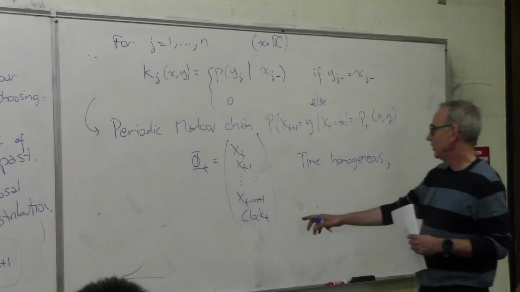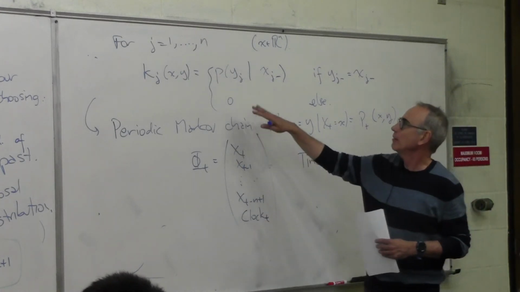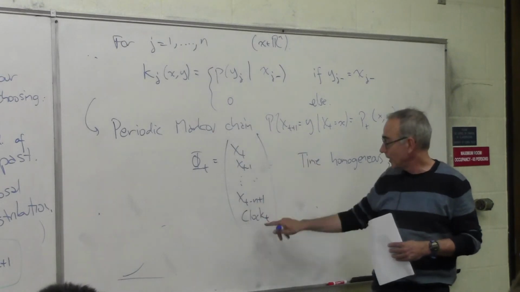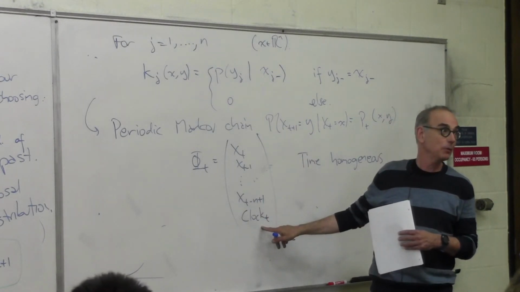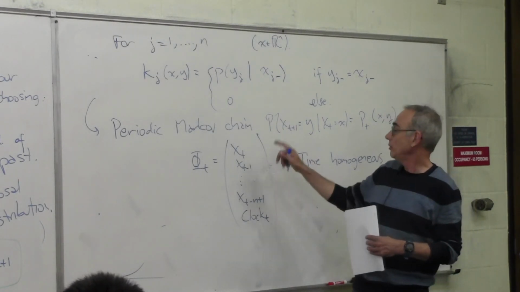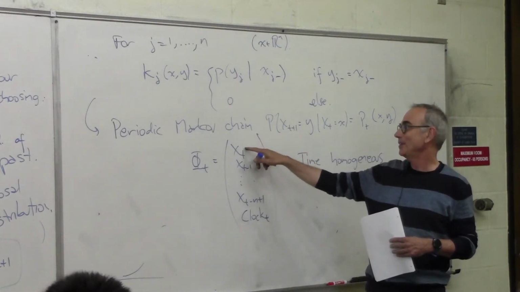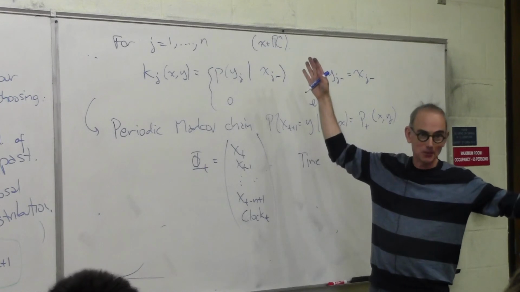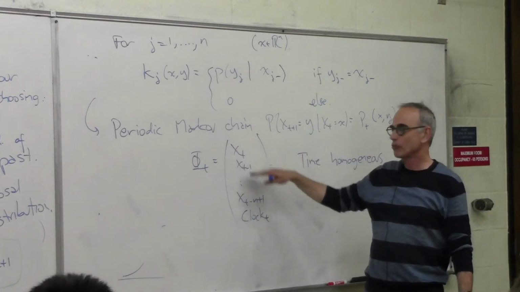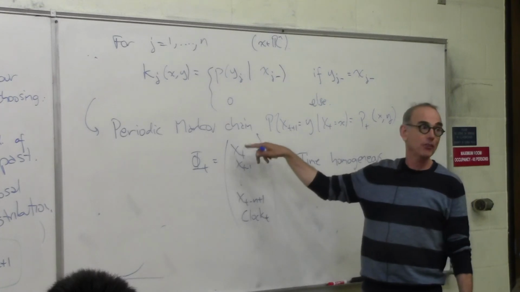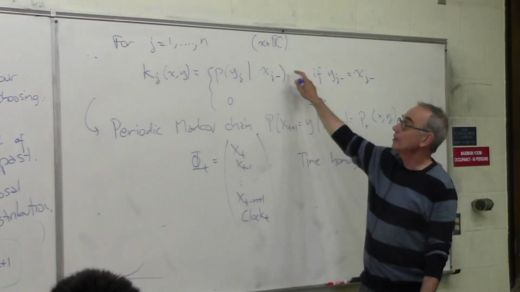Because basically what you do, instead of looking at the x process, you're looking at this whole phi t process. You look down at the clock, you find out what j that corresponds to. Then you say, I'm going to change the jth, every xt is a giant vector, right? So I'm going to perturb the t guy and take its jth coordinate and perturb it according to that distribution.